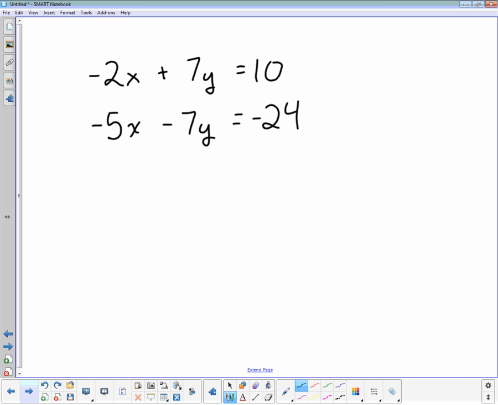This is a system of linear equations that you would probably do what to if you needed to solve it? What would you use? Elimination. Yeah.